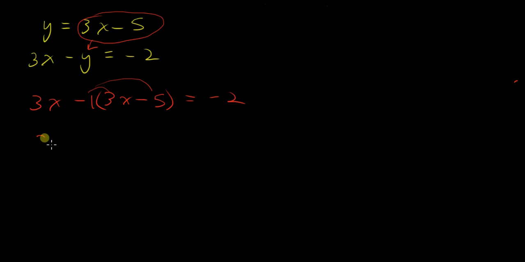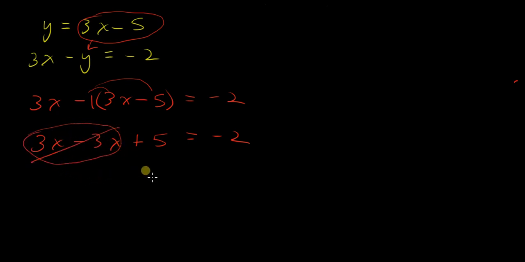Okay. So this is going to be a negative times a positive, 1 times 3 times x. Negative times a negative is a positive, 1 times 5. Okay. Well, look what happens when we combine like terms here. Those just go away. And we are left with 5 equals negative 2.